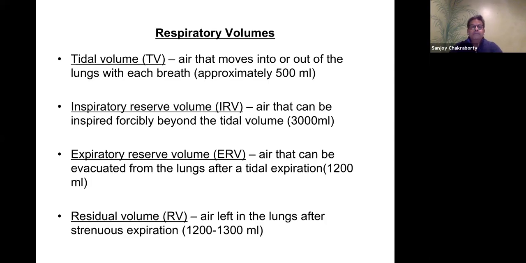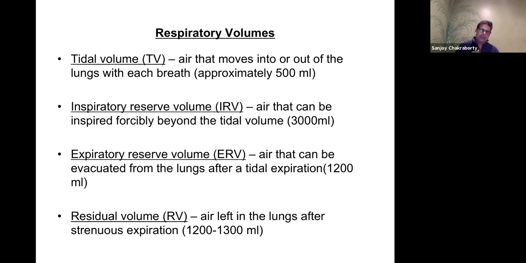Inspiratory reserve volume, or IRV, is the maximum amount of air that is inspired or inhaled by a person after a normal tidal volume, meaning after a normal inspiration. This is important to understand.